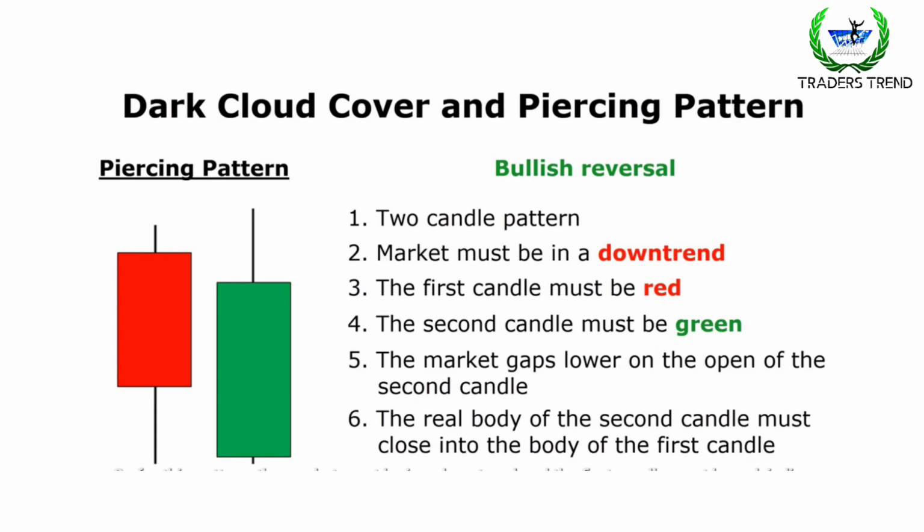The market gaps lower on the open of the second candle, which means the second candle opens lower than the first candle, and there is a gap between them. The real body of the second candle must close into the body of the first candle. These are all the bullish reversal candles.